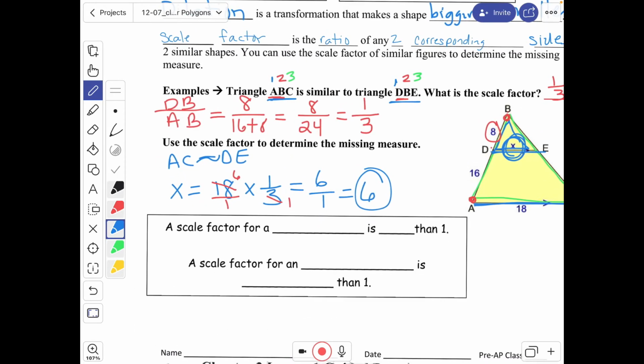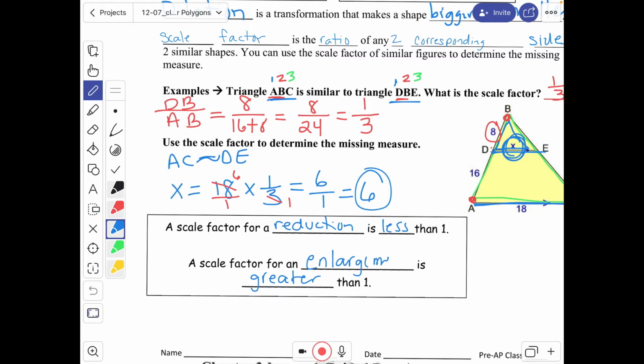And anytime the scale factor is less than 1, it's a reduction. It's making it smaller. If the scale factor is greater than 1, it's an enlargement.